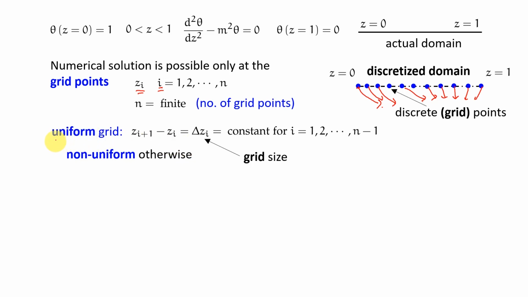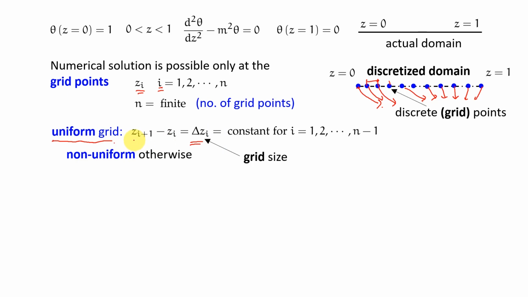We can decide our grid fundamentally in two ways. These are one-dimensional grids, so these are easy. The first is the uniform grid. In a uniform grid, the distance between two consecutive grid points, we keep it the same, we keep it constant. This delta z could be a function of i.